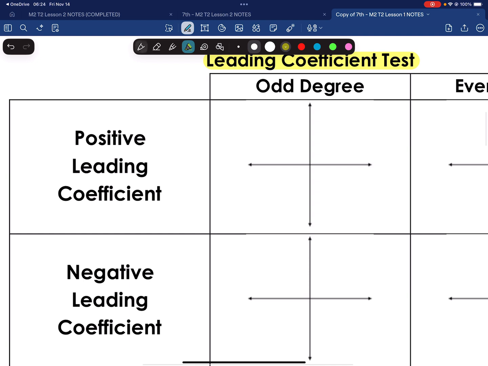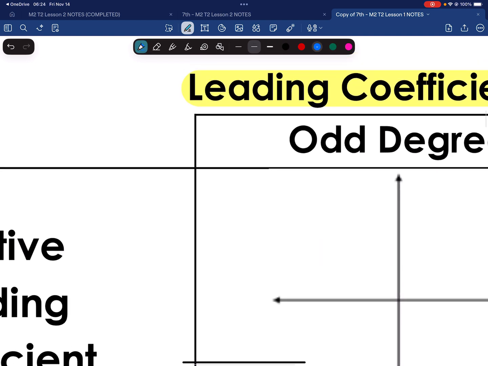So with an odd degree, what we need to know is that our ends go in opposite directions.